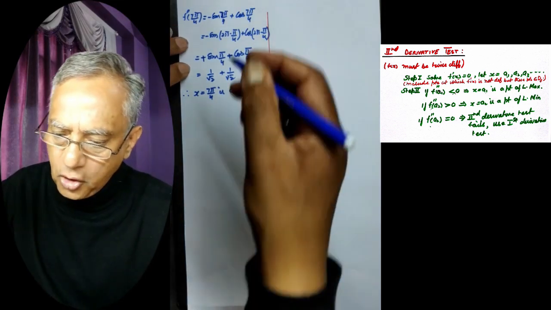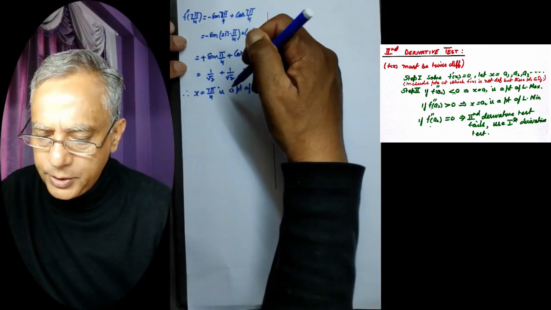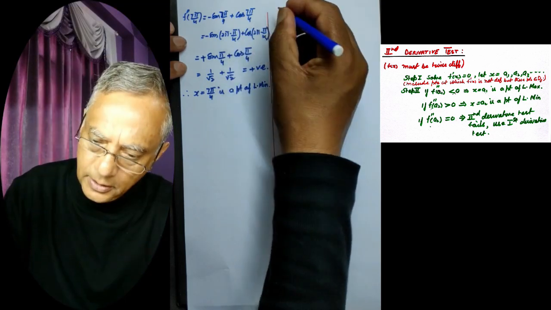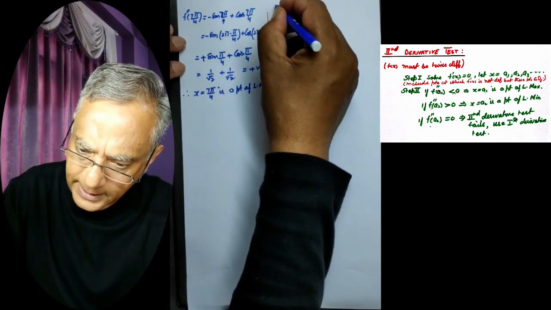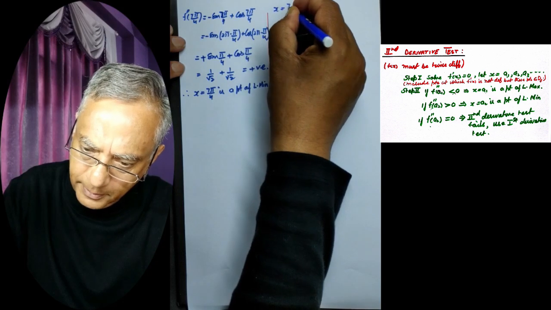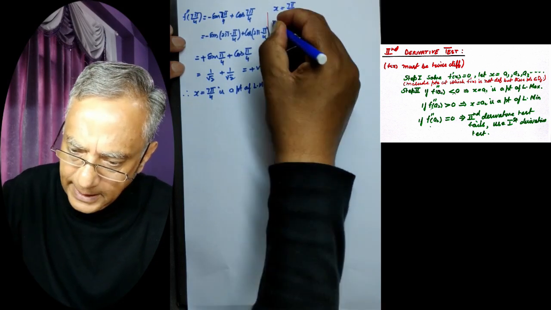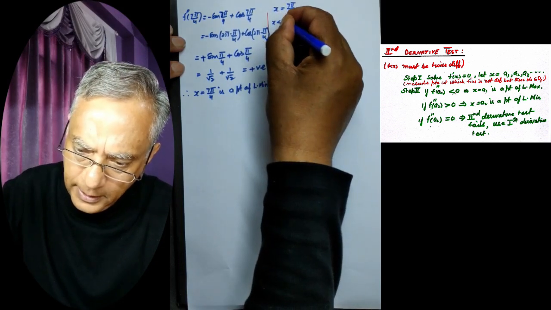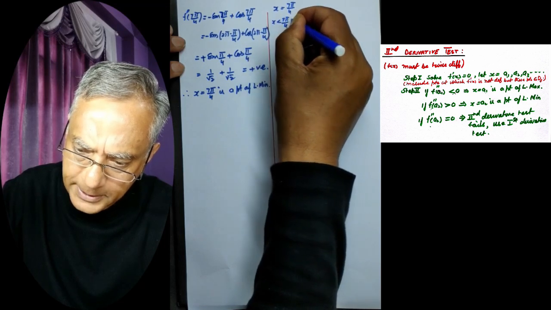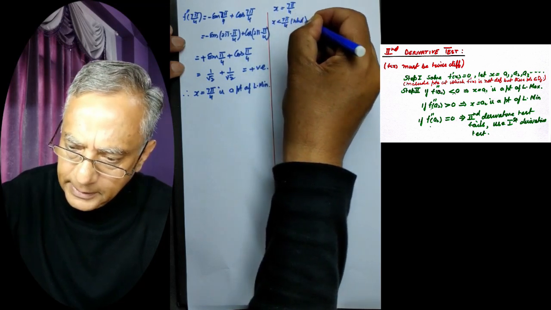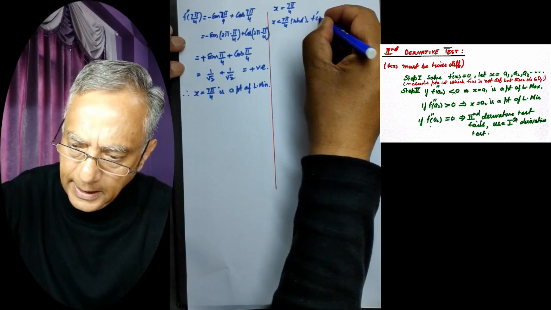Now we shall solve the same problem using first derivative test. So we consider the point x equal to 7 pi by 4. For x less than 7 pi by 4, in the neighborhood of these points, we shall find the sign of f dash x.